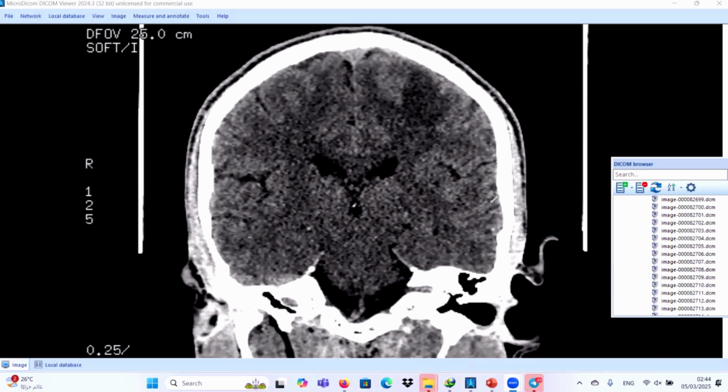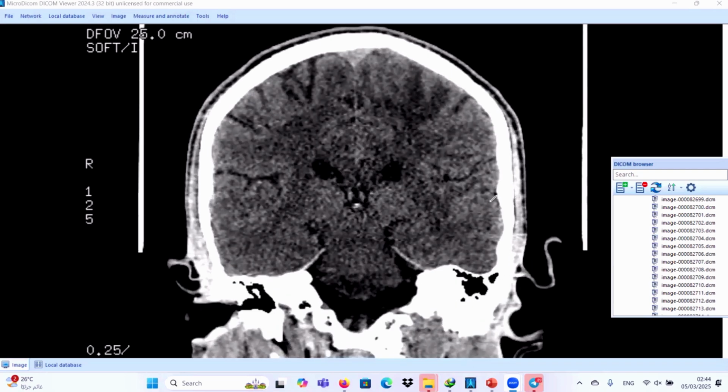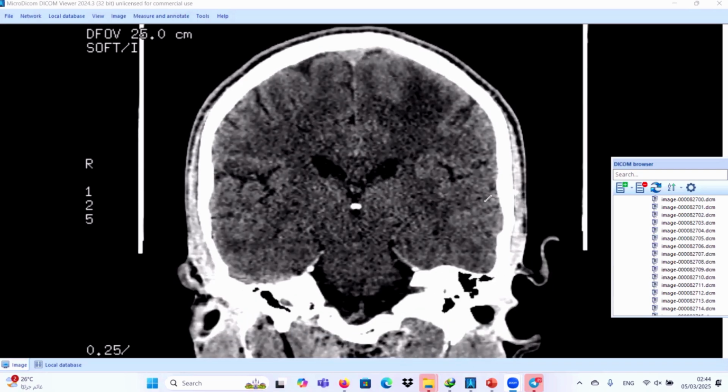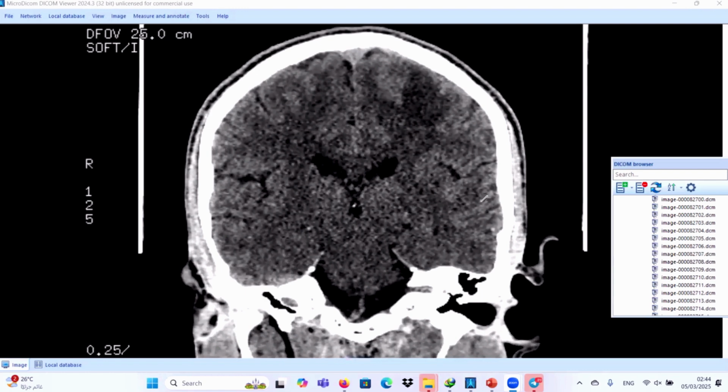Also, the third type is combined cytotoxic and vasogenic brain edema, and it is commonly seen with venous cerebral infarction. We have also another special form of brain edema, what we call transependymal brain edema. This type of edema occurs in cases of obstructive hydrocephalus.